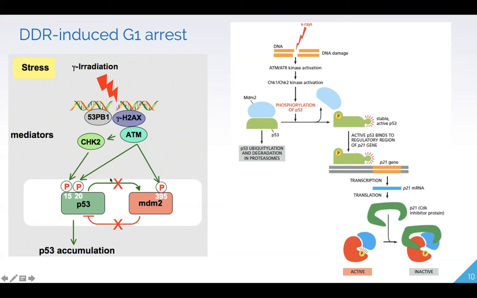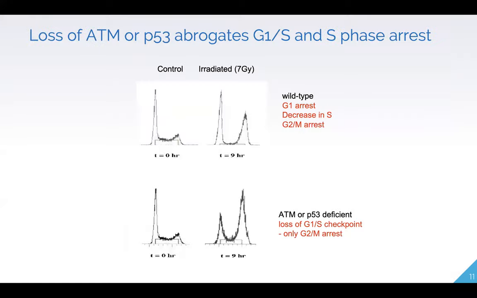And by disrupting the interaction between P53 and MDM2, that allows P53 to accumulate in the cells and is able now to go and bind to different transcription target genes, one of which is P21, and that drives the transcription of P21, which then goes and binds to and inhibits cyclin E, CDK2, shutting down the S phase progression or preventing cells from getting into S phase in the first place. So that's the main function of P53 and its importance in the DNA damage response.